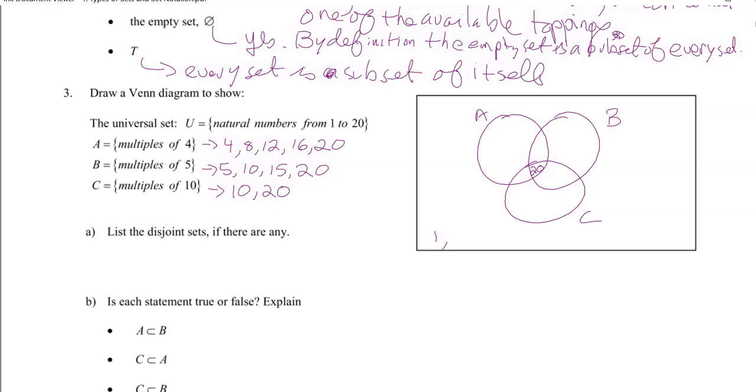You can only write each number once. And after you've written the number, ask yourself, should it be in A? Should it be in A and B? Does it belong to both A and B? Does it belong to both A and C? So right now, here we got 20. 20 belongs to A and B and C.